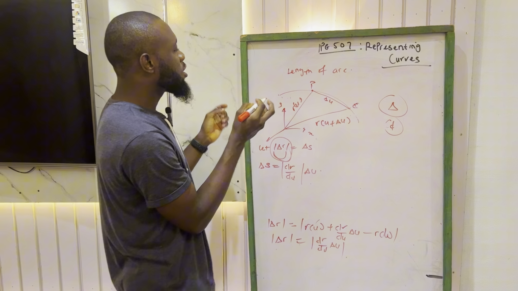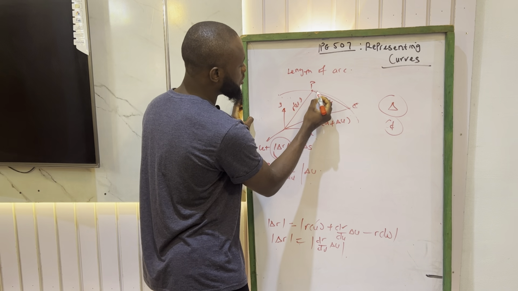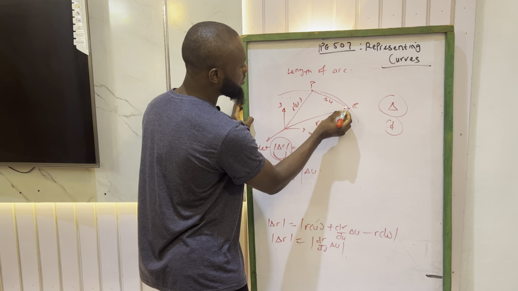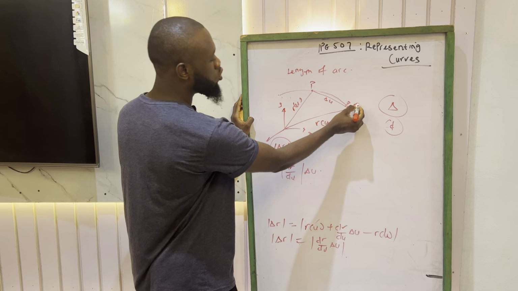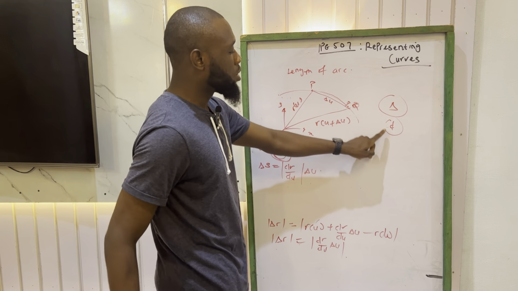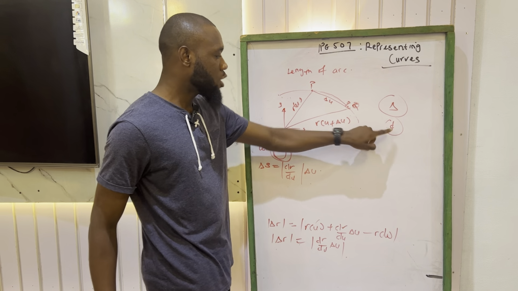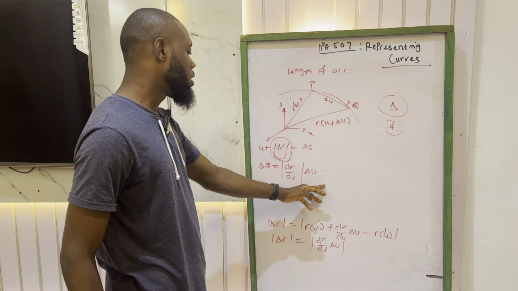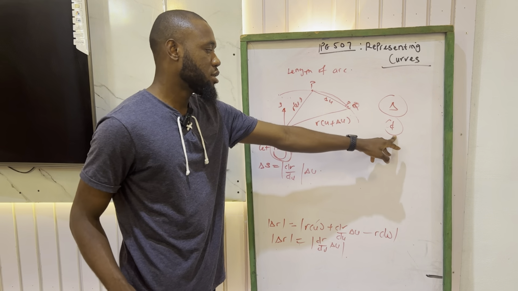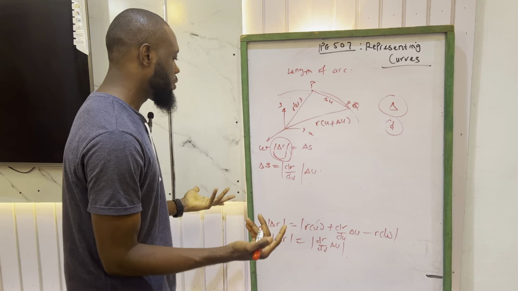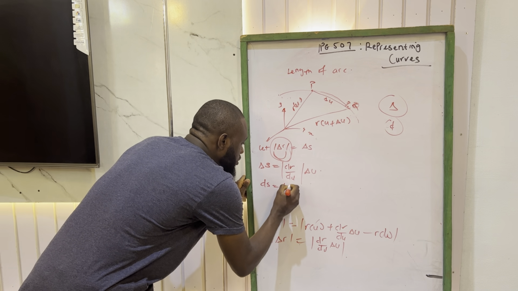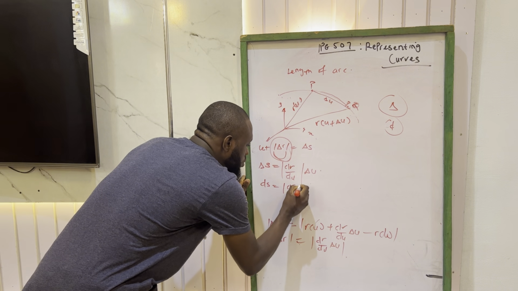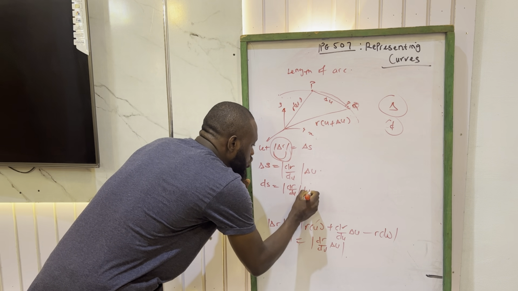So let's assume a case where this point, say P, is moving and gets very close to Q. This delta can change to this D, which means everywhere we have delta here, we can change it to D so that we can continue solving. So we have ds equals the R du du.